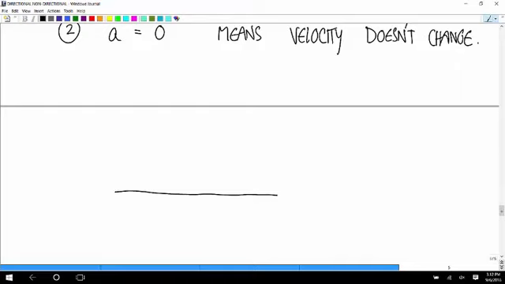If you have a graph of position versus time, the velocity being constant looks like this. That's what zero acceleration looks like. If you look at two different times, this time the position is negative, this time the position is positive. It just means it's moving in the same direction without changing its speed. But that speed could be a million miles an hour.